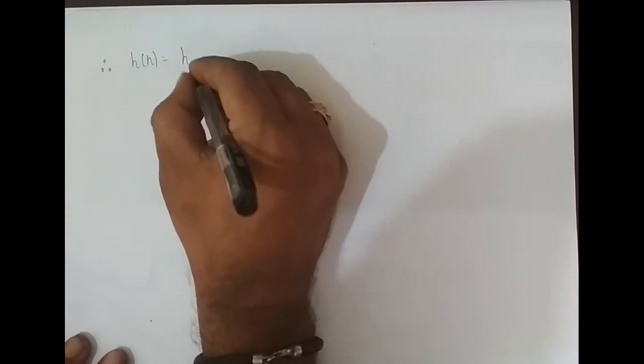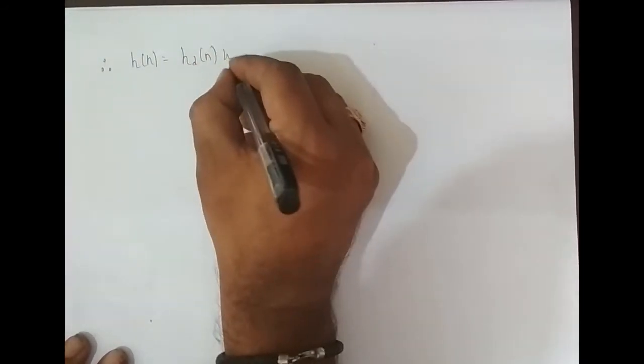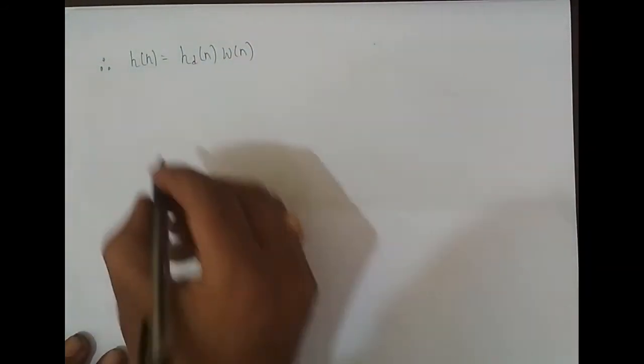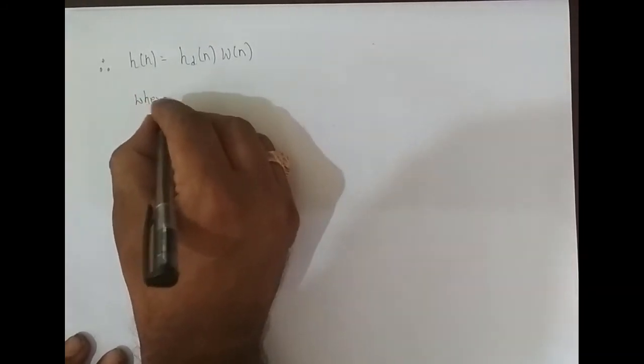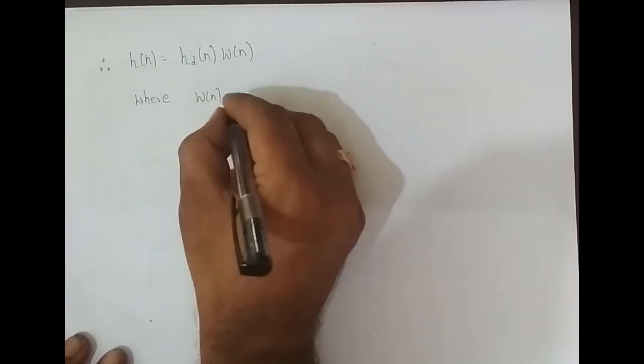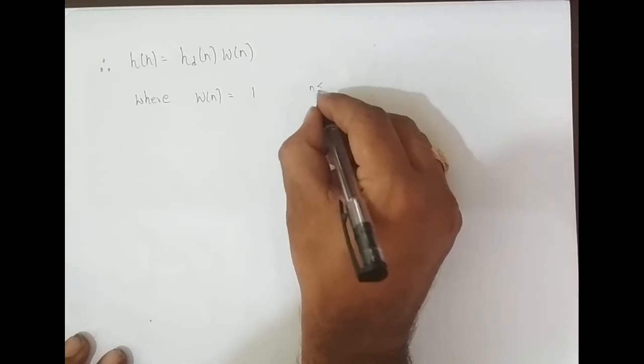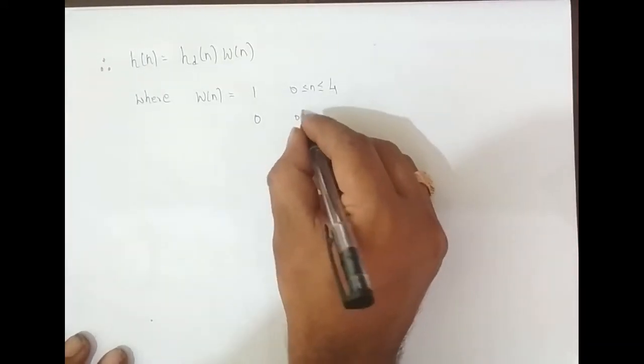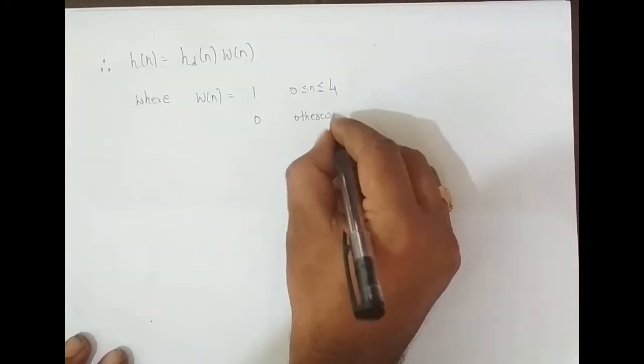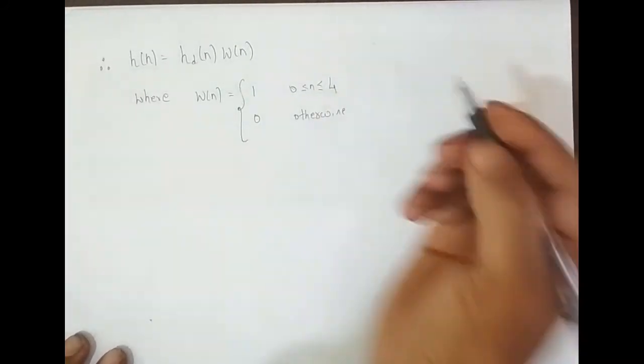So h of n is equal to hd of n into w of n, where w of n is equal to 1 for n between 0 to 4 and equal to 0 otherwise. So it's a rectangular window.